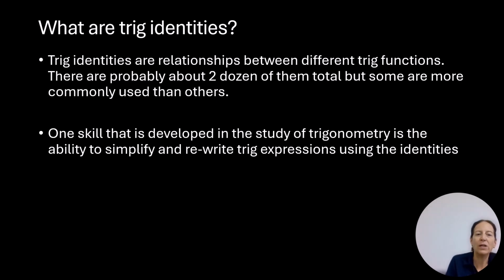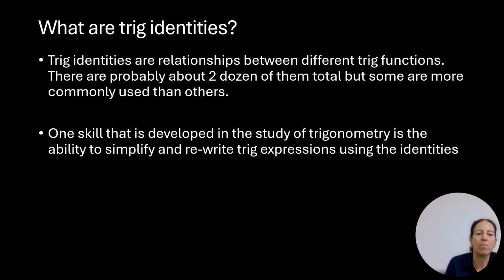One skill that is developed in the study of trigonometry is the ability to simplify and rewrite trig expressions using the identities. And so you can make them bigger or smaller or rewrite them. And a big push in the new AP Pre-Calc is what are called equivalent expressions. So you take an expression written with some trig functions and rewrite it using other ones.